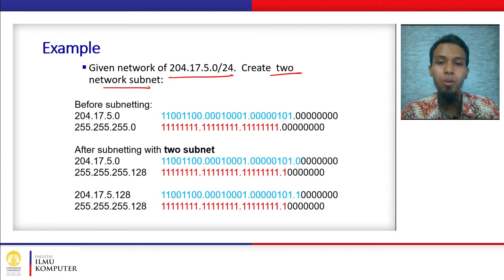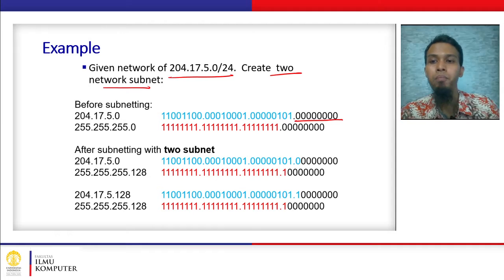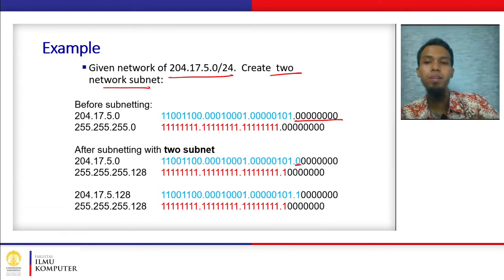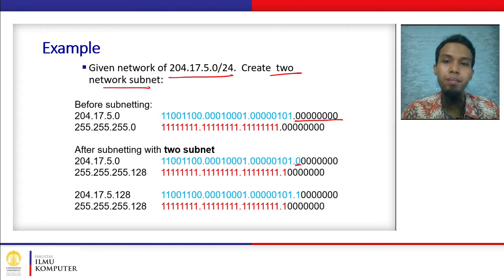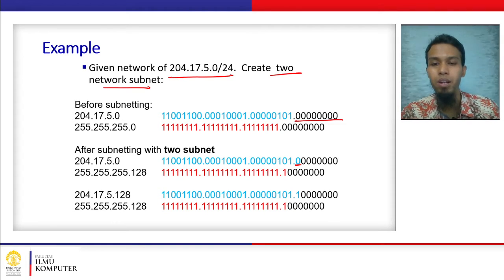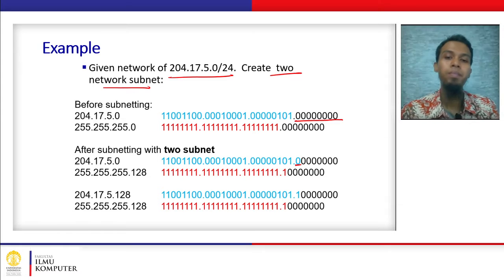So this is the host part, and we take 1 bit, the highest bit from the host part, and this becomes part of the subnet or network part.